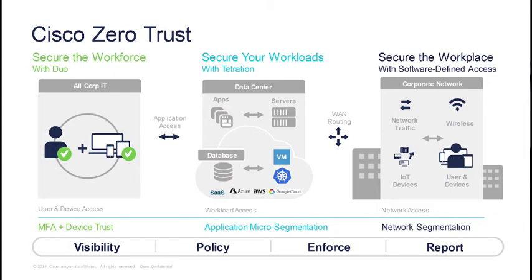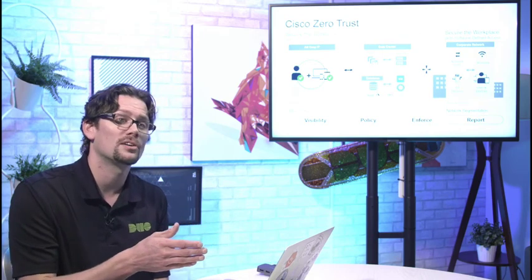And SD Access is gonna help you secure your workplace in providing secure access across your network for any device and any user, including IoT. And this is great. Cisco's able to provide the right level of visibility, allow you to apply the right policies and enforcement, and report and respond to threats within your environment.